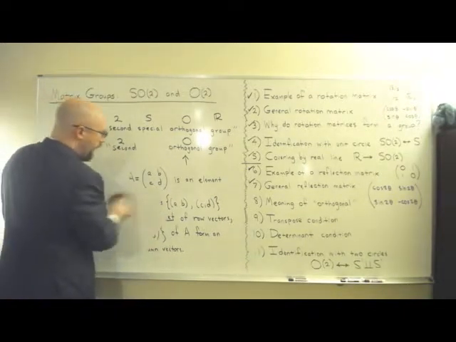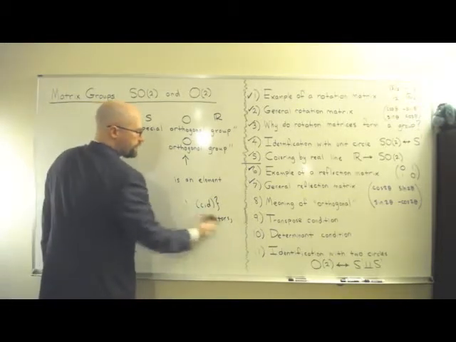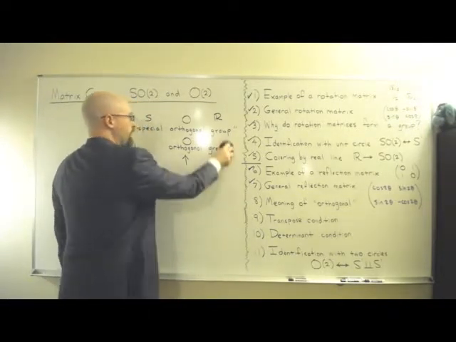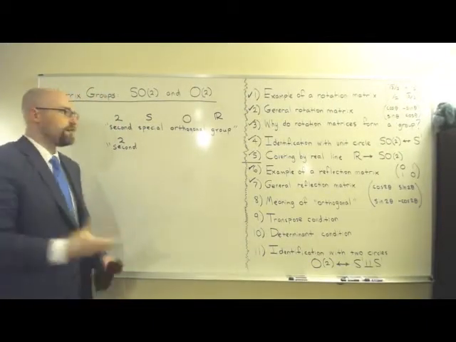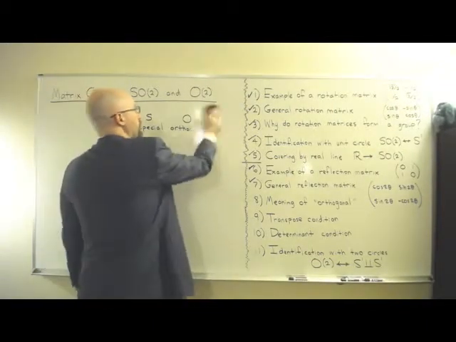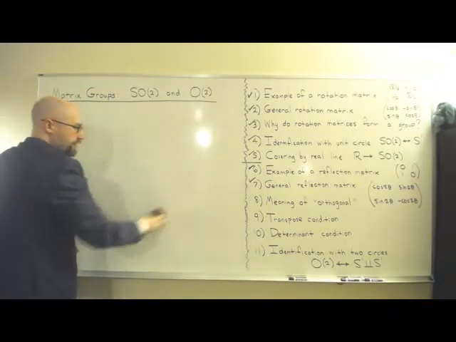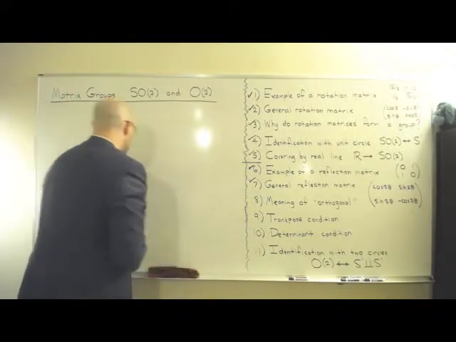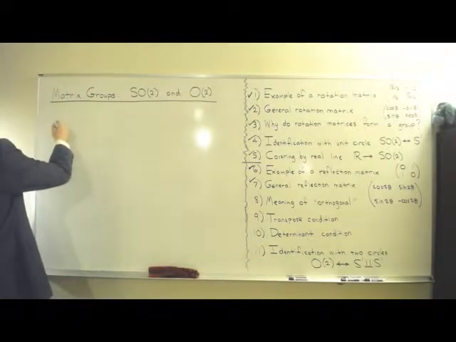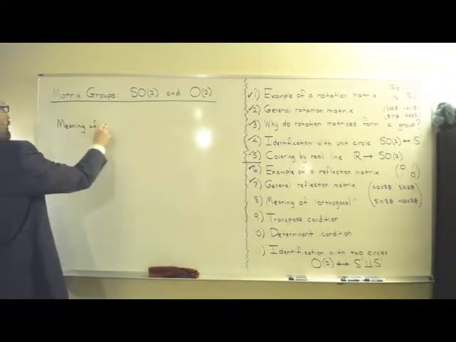So I've told you why orthogonal shows up in the definition of SO2 and O2, because the row vectors and the column vectors in a matrix in one of those groups satisfy this orthonormal condition, but now I have to tell you what the meaning of the orthonormal condition is. So this is the meaning of orthogonal.